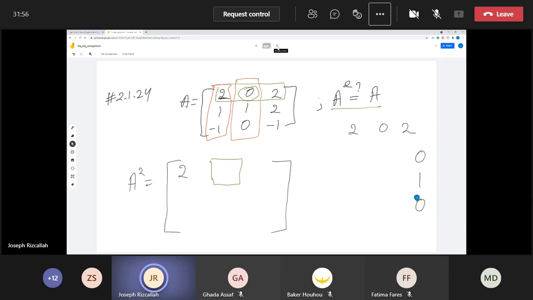We take the 2, multiply it by the 0, then this 0 multiplied by the 1, and then this 2 multiplied by this 0. And do you see? We get a 0, right? 2 times 0 is 0, 0 times 1 is 0, and 2 times 0 is 0. So we get our 0 here, which is okay, because we need to get a 0, and we do.